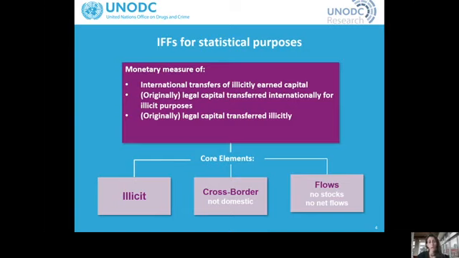All these three types have a common element: all three are illicit, which includes also illegal, but the definition of illicit and illegal will be provided, or probably has been already provided, by Steve McFeely of UNCTAD in their side of the presentation. They are cross-border flows, and we are talking about flows and not stocks, and not net flows, but inward and outward illicit financial flows.